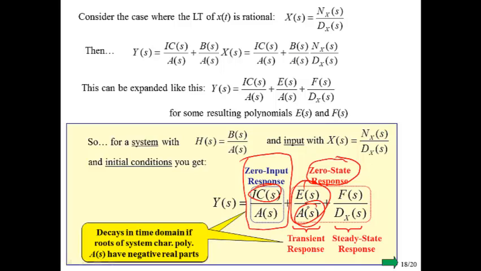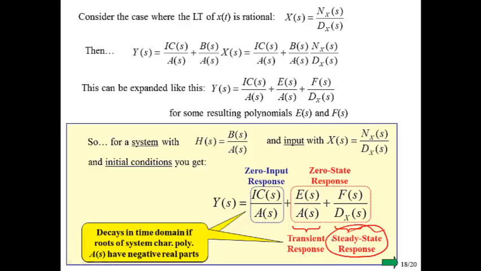One has a denominator that is the characteristic polynomial, and for a stable system that will decay, and we call that the transient response. The other part will depend upon the denominator of the input, and its behavior will depend upon what that input denominator looks like. But nonetheless, we call that the steady state response because it's not leaving because of the system's transient behavior.